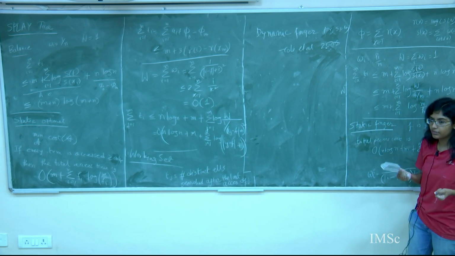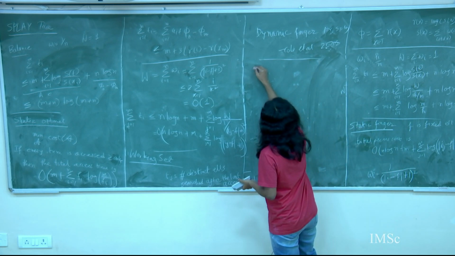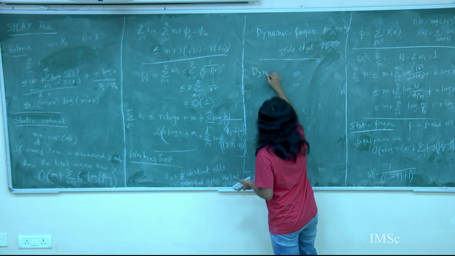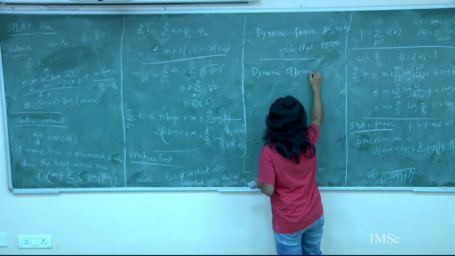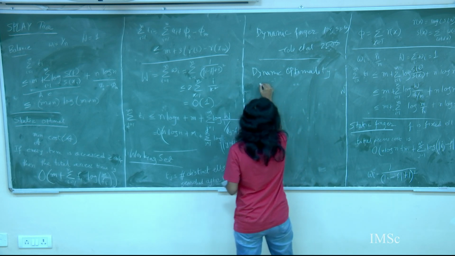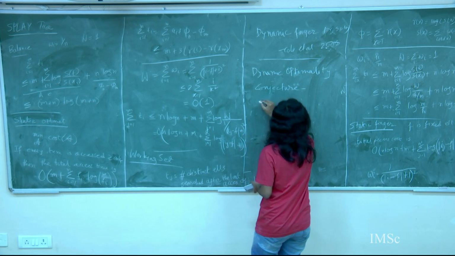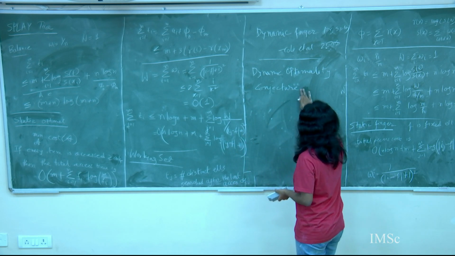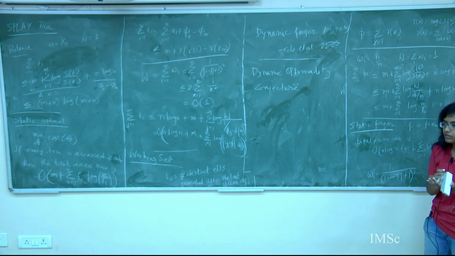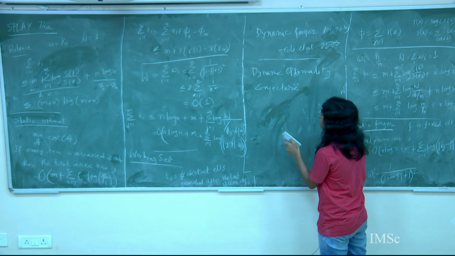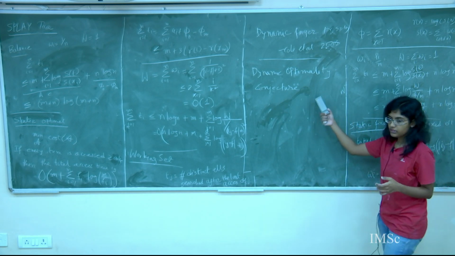The conjecture given in this paper itself is called the dynamic optimality conjecture, and it says that yes, splay can do order of 1 amortized cost per search.